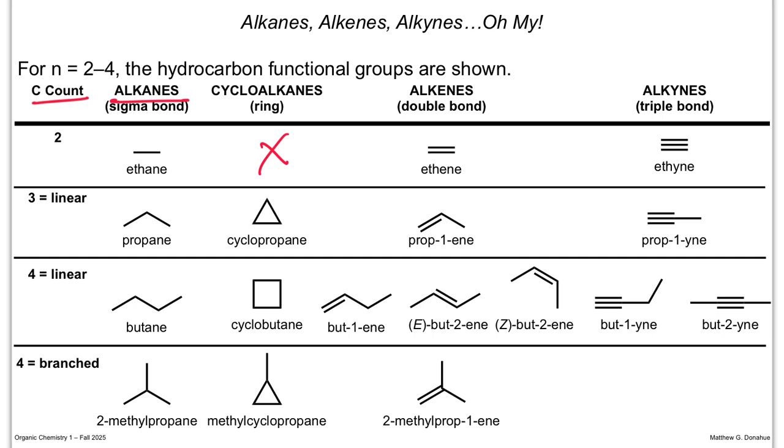I'm not going to articulate that now, but the difference matters. And then you can make a branched one from C4 as well. Alkynes: ethyne, this is called acetylene for all the welders and metal workers in the crowd. Propyne, and then the C4 count. Depending on where you put the unsaturation, you're going to get different molecules.